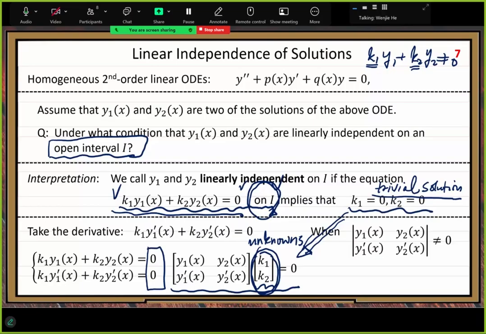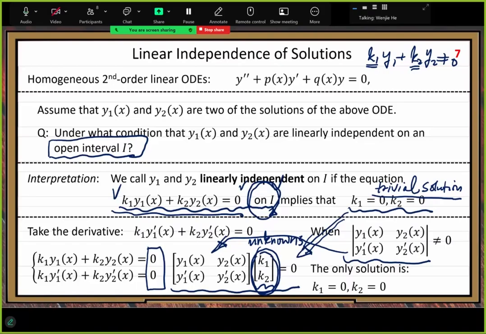You know this is a determinant, right? The determinant of this 2 by 2 coefficient matrix. When the determinant is not equal to 0, what's the conclusion? If the determinant is not equal to 0, then there is no non-trivial solution, so the only solution is the trivial solution.